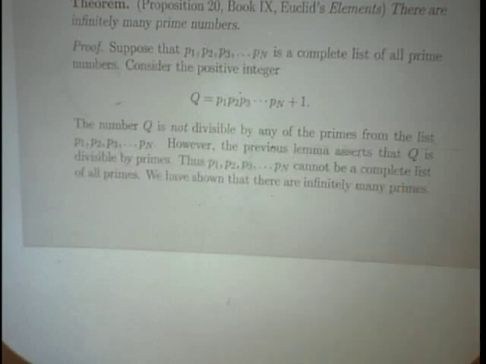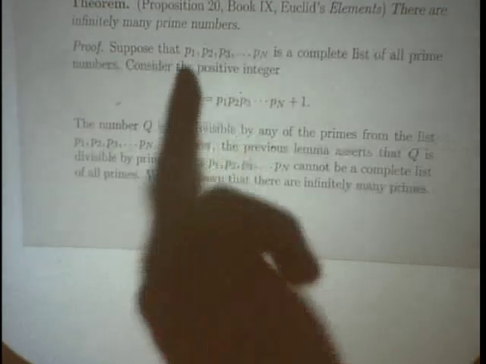But the lemma tells us that all numbers, including Q, can be written somehow as a product of primes. But the primes on your list, p1 through pn, won't work. So therefore, there must be other primes. So the conclusion here is that no finite list of primes will ever do. Thus, the set of primes must be infinite.